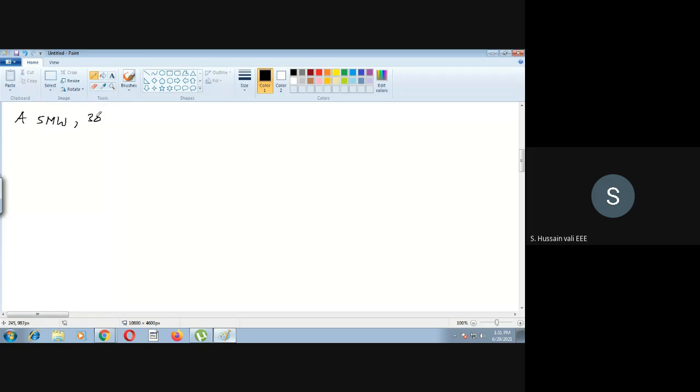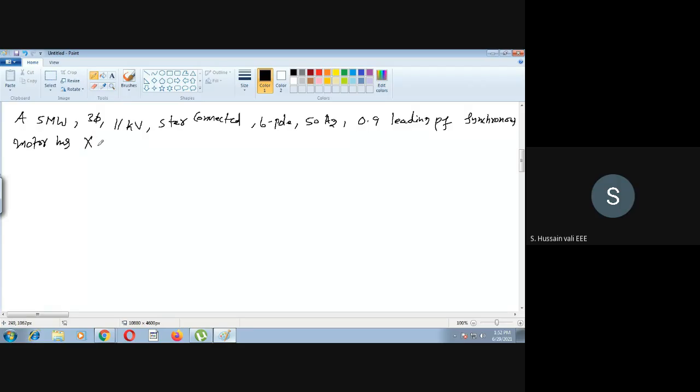A 5 megawatt, star connected, 6 pole, 50 Hz, 0.9 leading power factor synchronous motor has XS equal to 10 ohm, RS equal to 0 ohm.